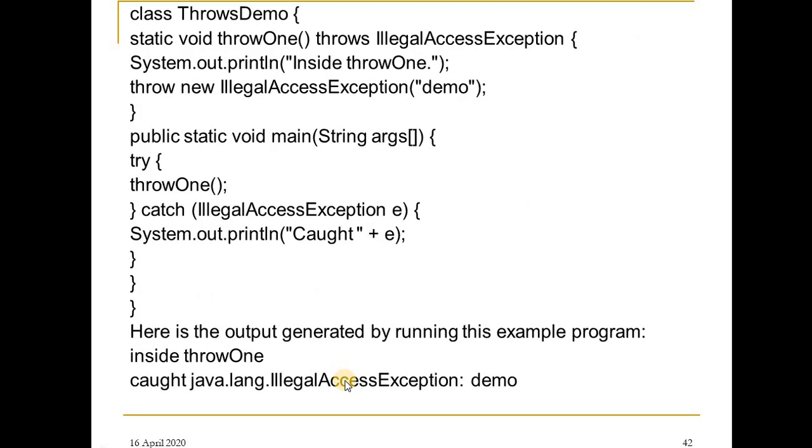Let us see this next example. Here we have the class ThrowDemo. Inside this class, I have one method throw1, which throws IllegalAccessException. The throw1 method will throw an exception of type IllegalAccessException.